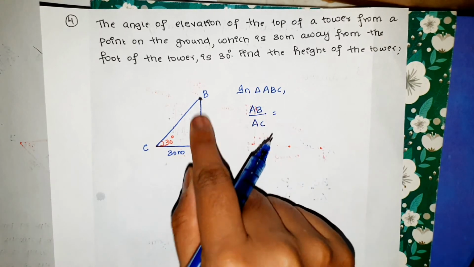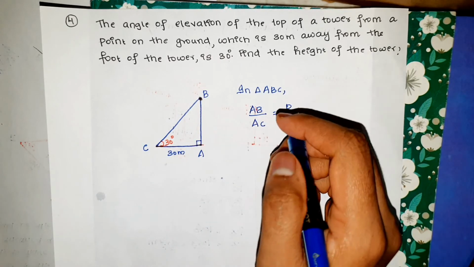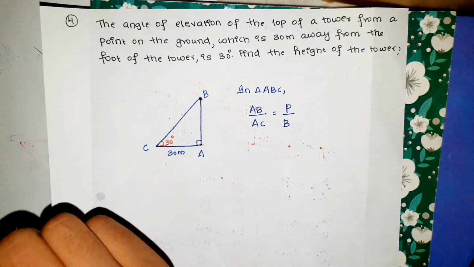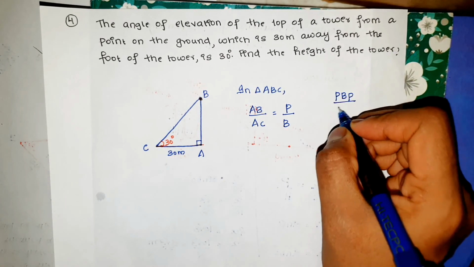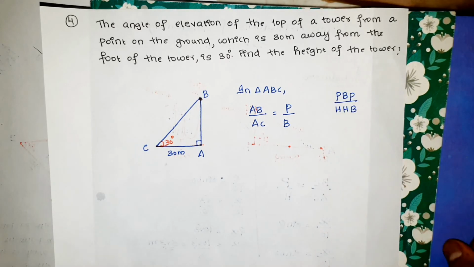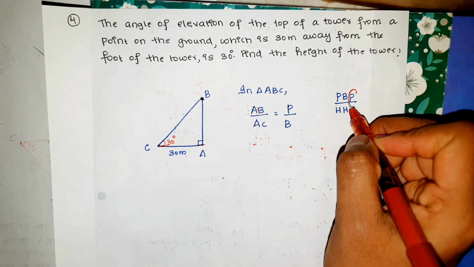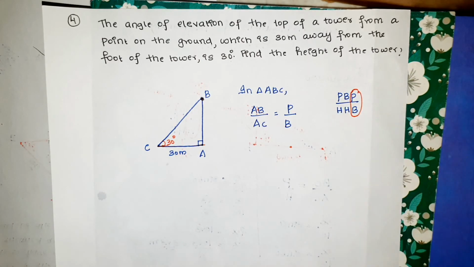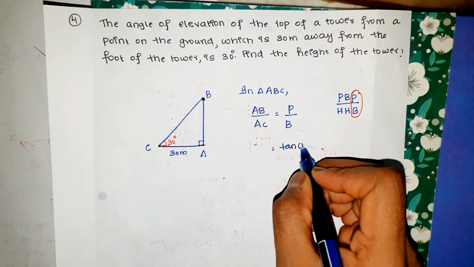AB is P, and AC is the base. So P by B is tan. So I am writing here tan theta.